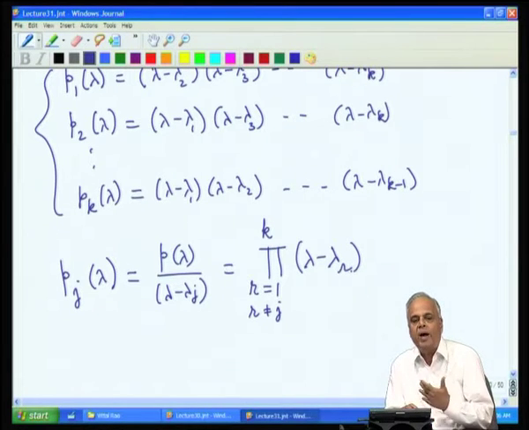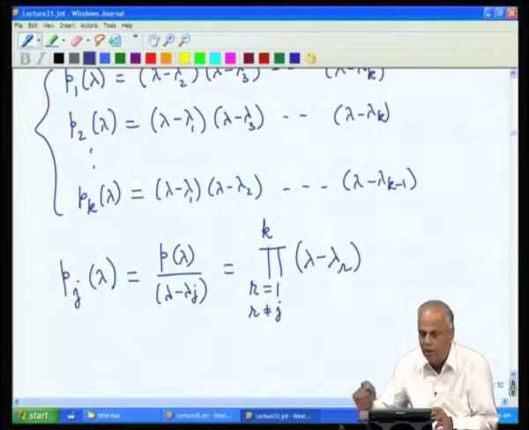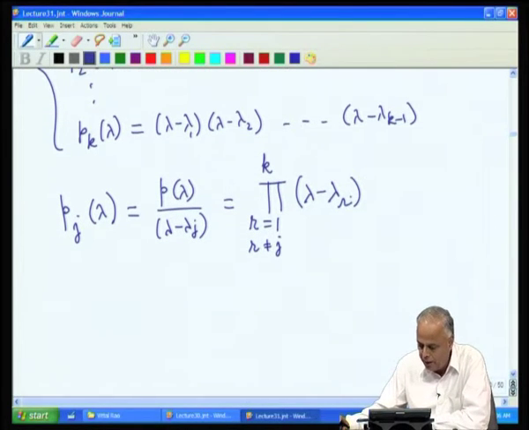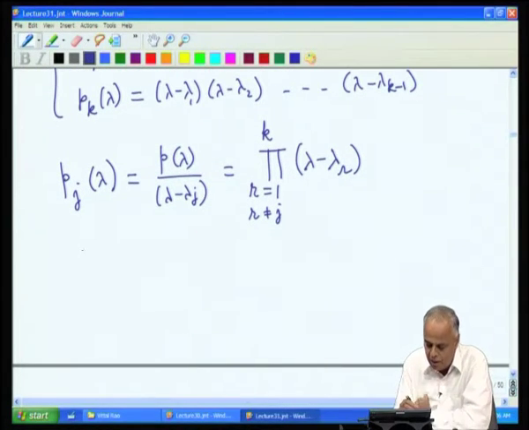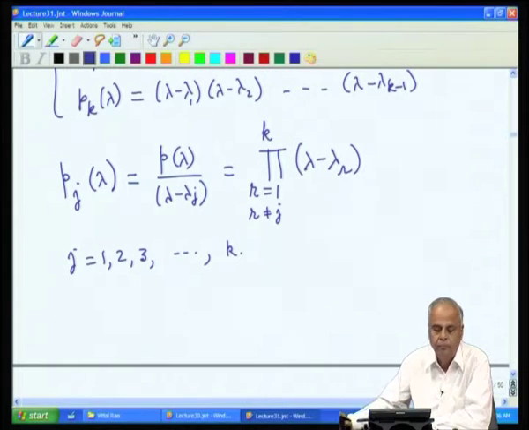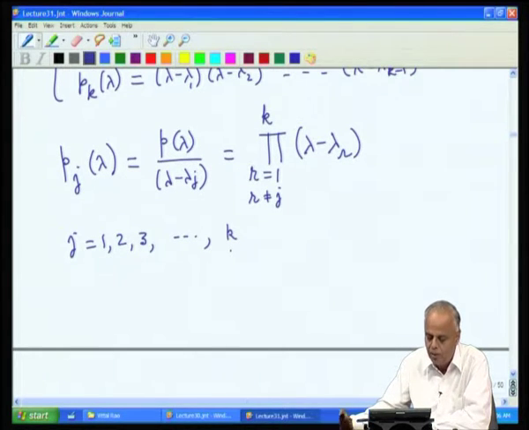So, you take all factors lambda minus lambda r except the factor lambda minus lambda j, then we get the polynomial p j lambda, and we do this for j equal to 1, 2, 3 and k. So, thus we get k polynomials.